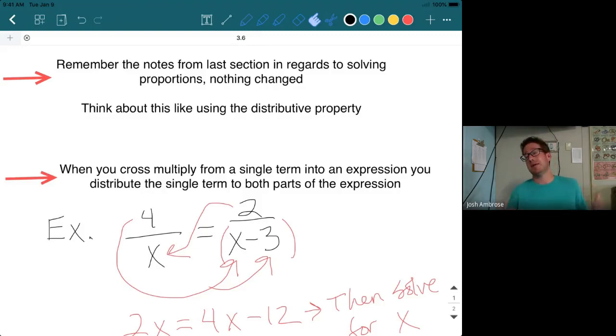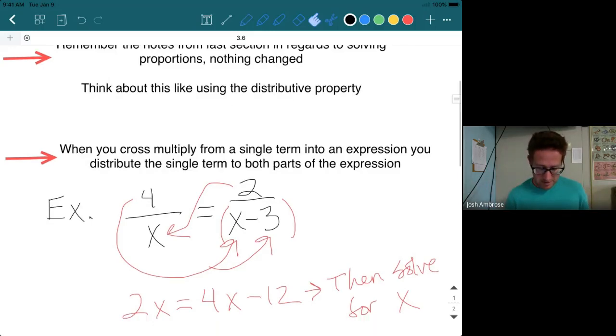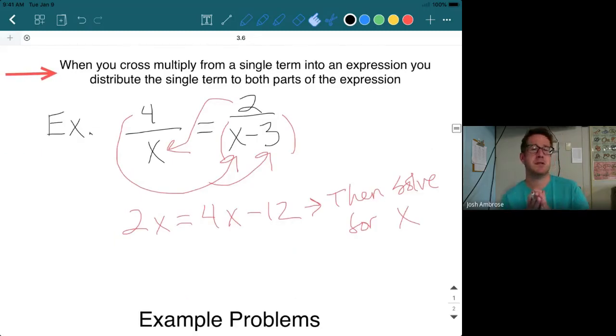Basically, imagine that you will be cross-multiplying and essentially using the distributive property at the same time. So here's a little example of what I mean. When you have to cross-multiply, let's say you have a single term, and in this case, look at the 4. That's going to be our single term. But you are distributing now that single term to an expression, meaning like a little miniature equation there.